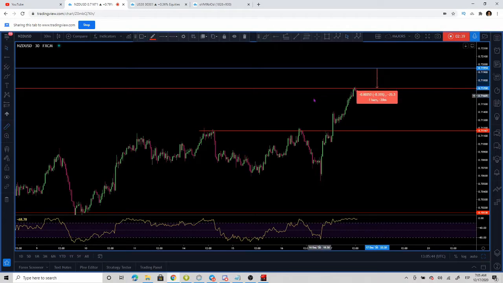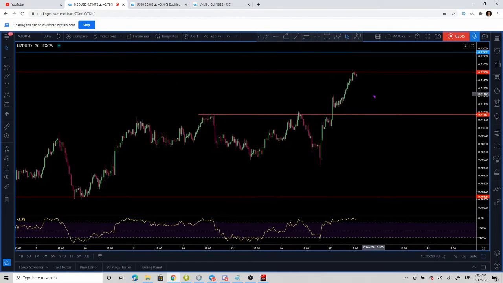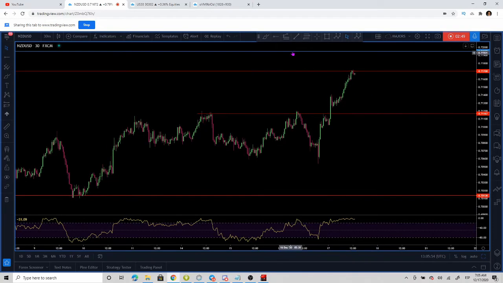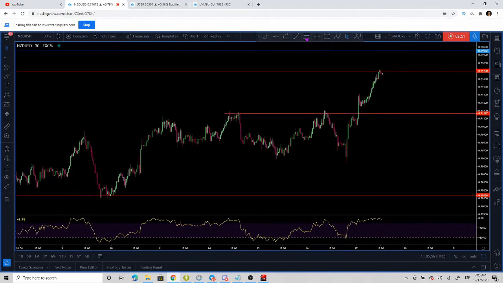But remember that we do not only use key zones to trade, but also structure. So what we're going to do is look at the current market structure and the current targets to the upside. As you can see, this is actually the 161.8 of the last move down, which are big, or immediate, bullish targets, right?